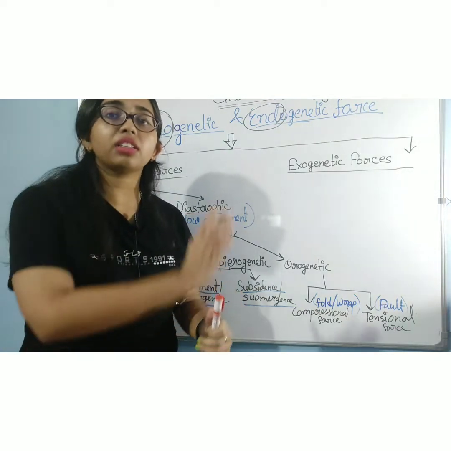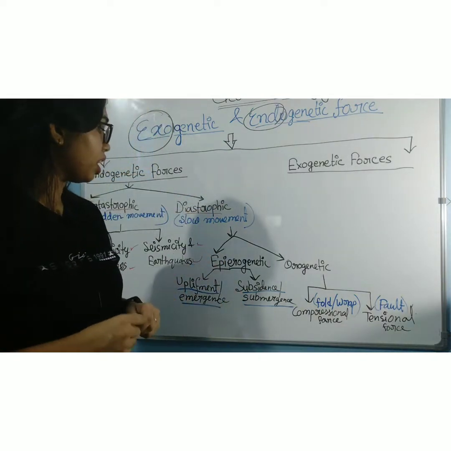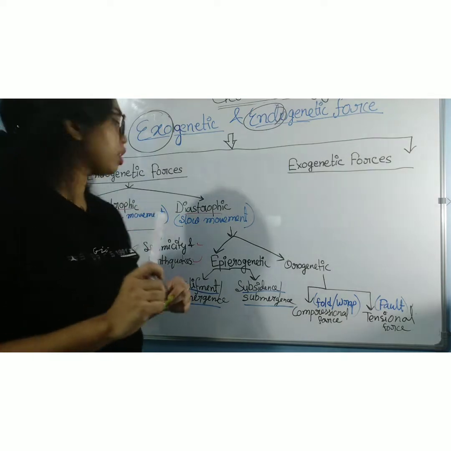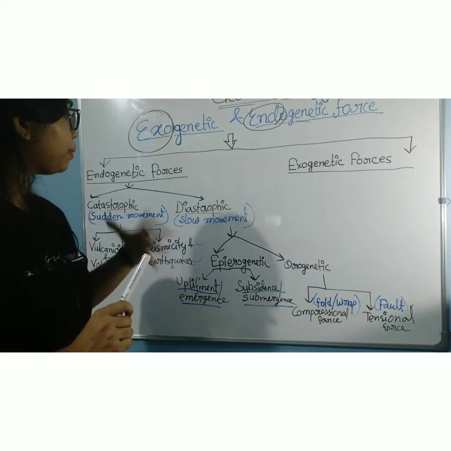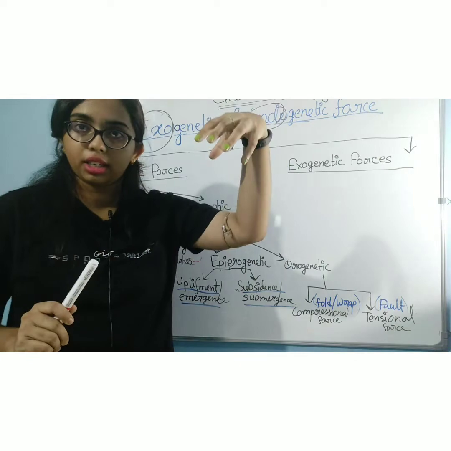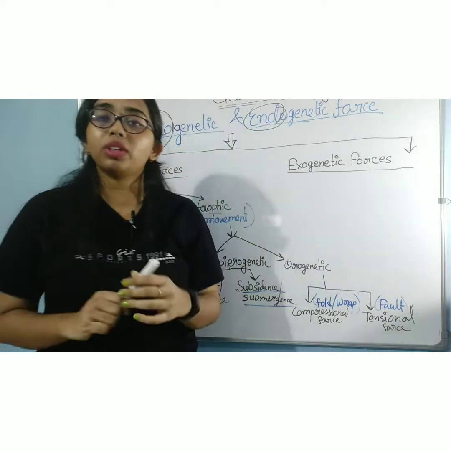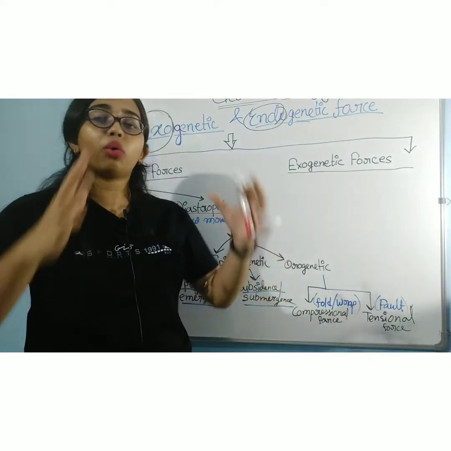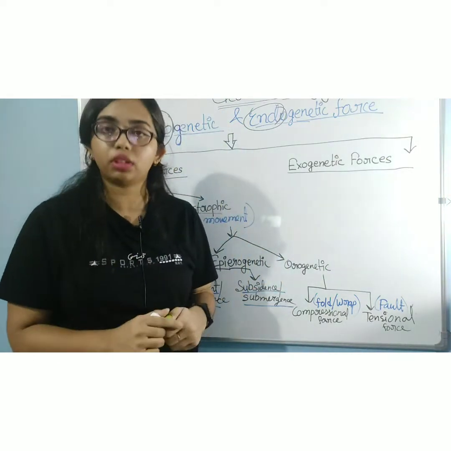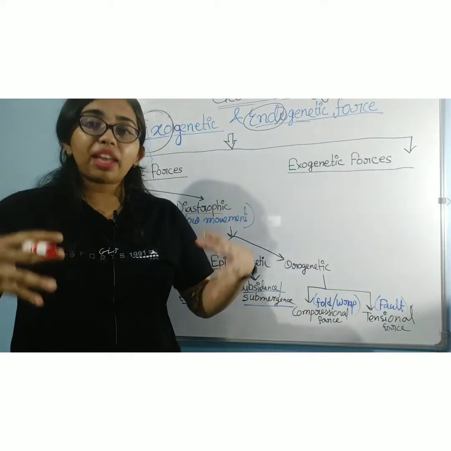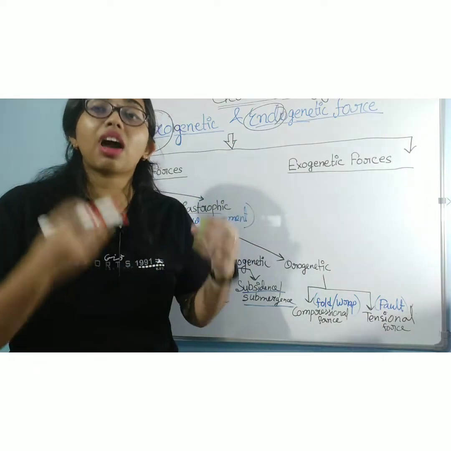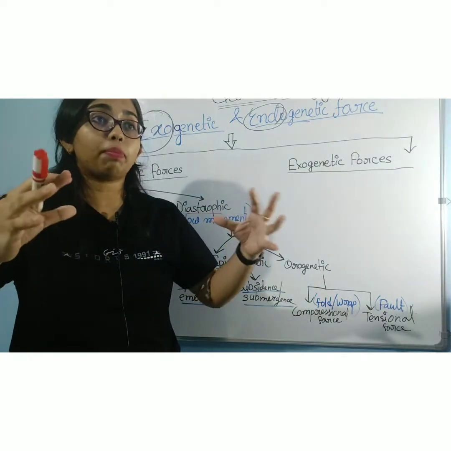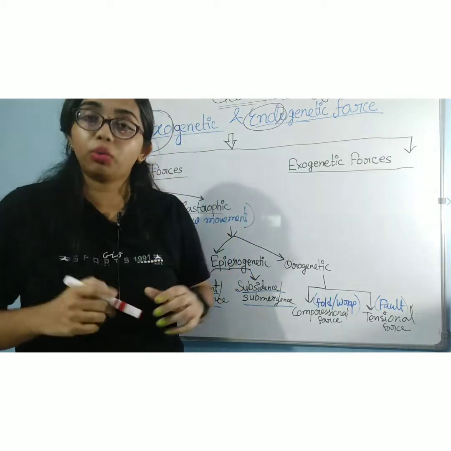An example is the upliftment of a mountain. Upliftment of a mountain is not sudden. Within a day, a mountain cannot be uplifted. Many years are responsible for the upliftment of a mountain.